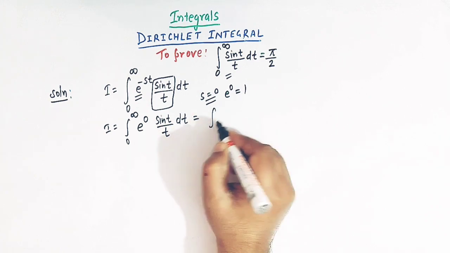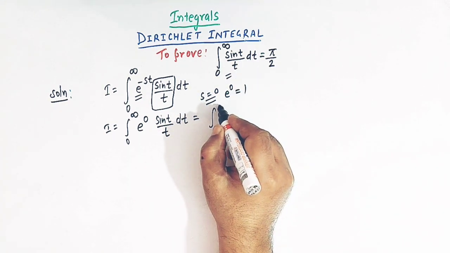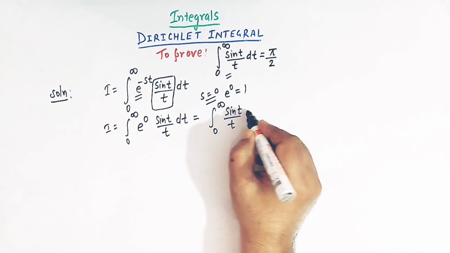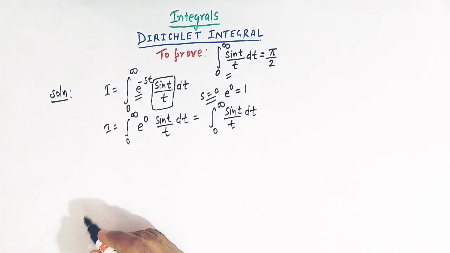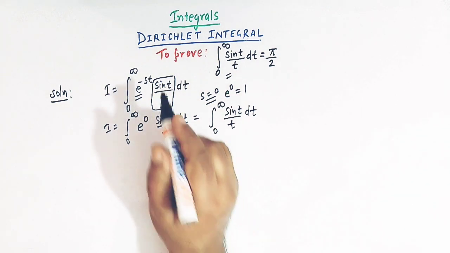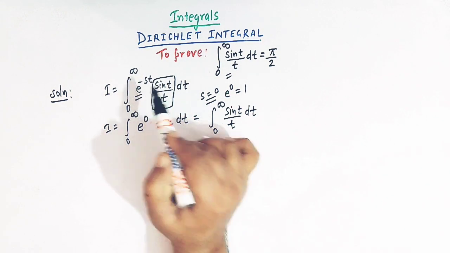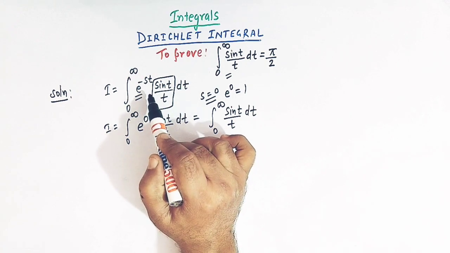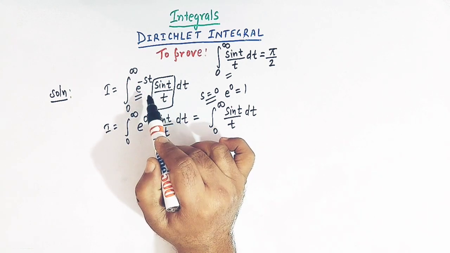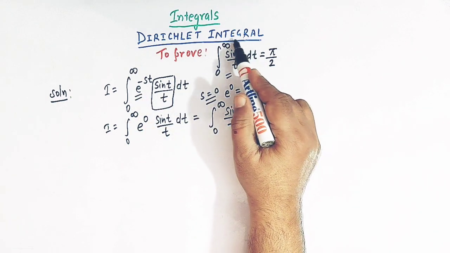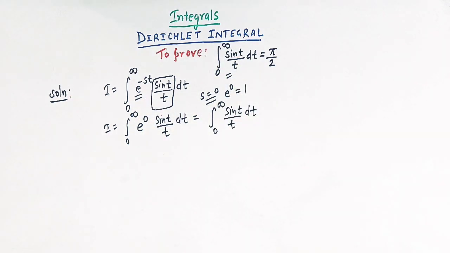So we have this integral, that is 0 to infinity sine t over t dt. So what we will do here, we'll start with this integral, and we'll try to use some important properties of Laplace transform to arrive at this integral.